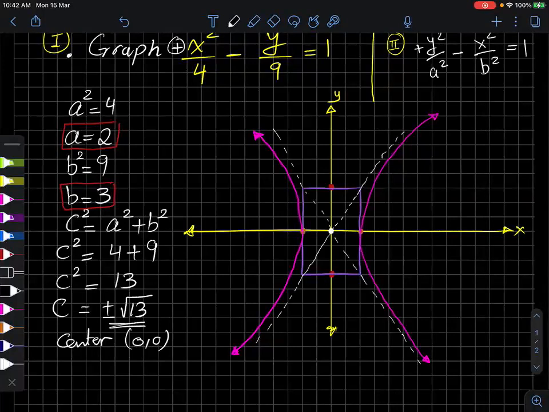So guys, let's plot our foci. The foci are 0 and radical 13, and 0 and negative radical 13, because the center is 0, 0.